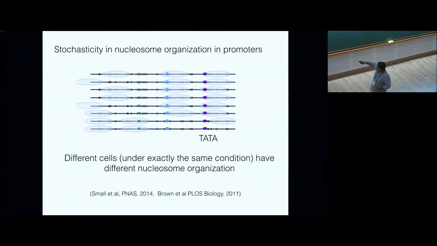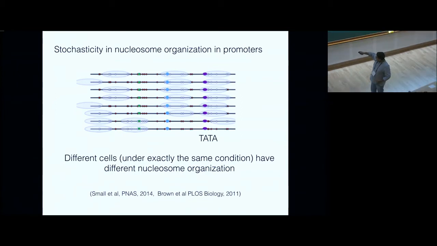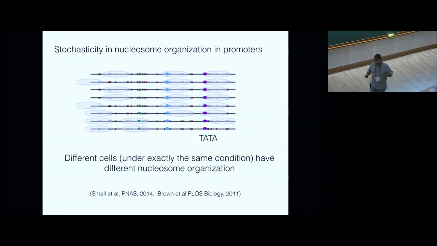Some of them have 3 nucleosomes, or some of them 2 nucleosomes. Some of them are differently positioned. This region, the violet region, is a particular sequence called TATA, and this sequence is very crucial for reading the gene. Many of the reading machineries bind here. In some cells this region is open, and in some cells these machines are covered.